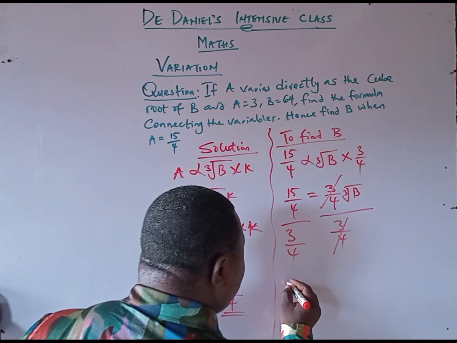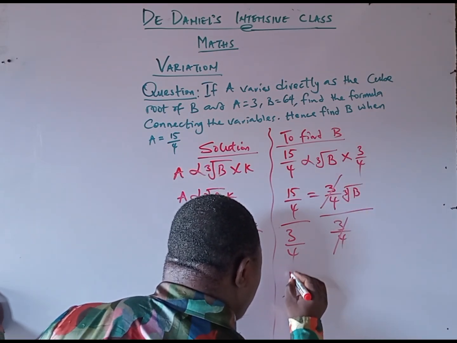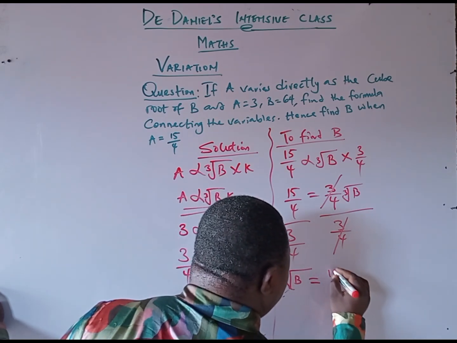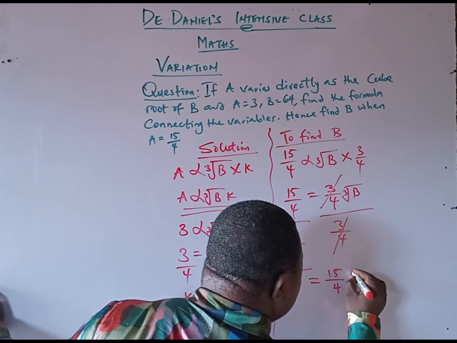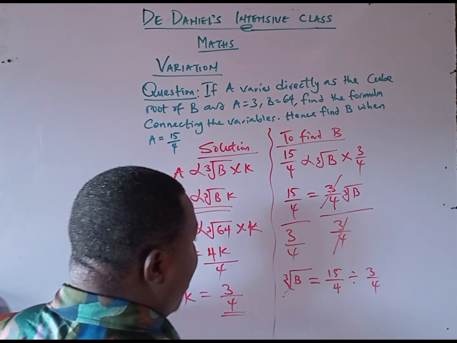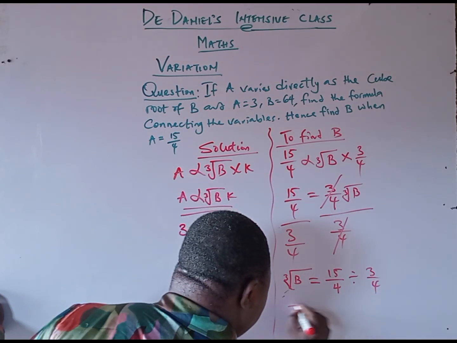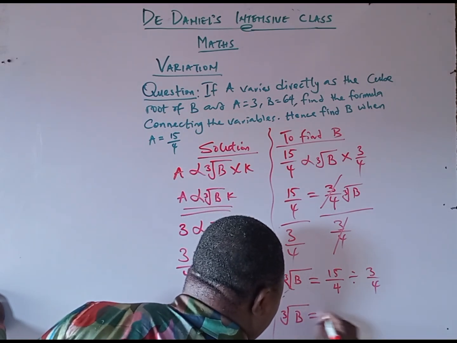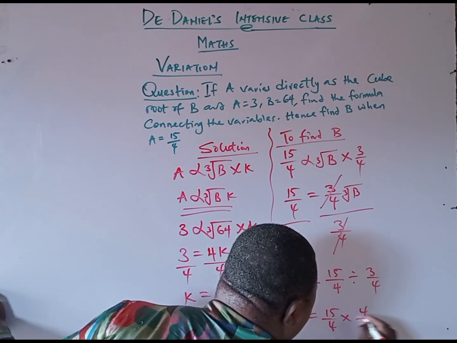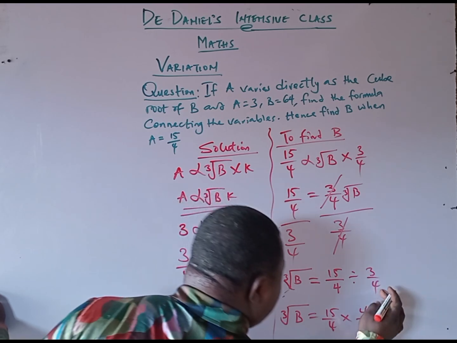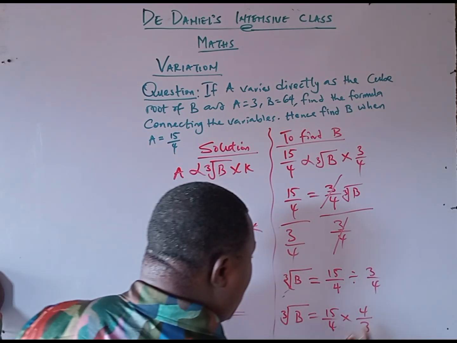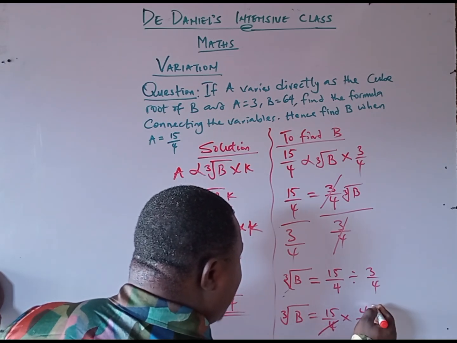What we have left is the cube root of B equals 15 divided by 4 divided by 3 over 4. In the law of reciprocal, changing this to multiplication, we have 15 over 4 times 4 over 3. Numerator times numerator, denominator times denominator, just normal direct thing.